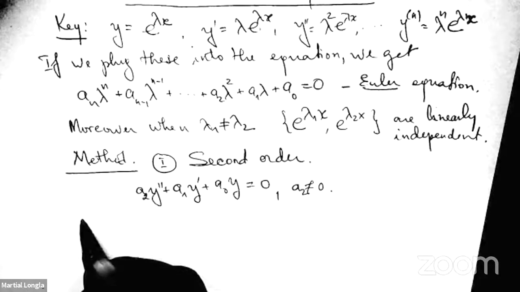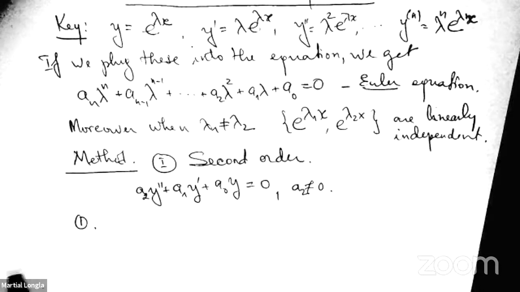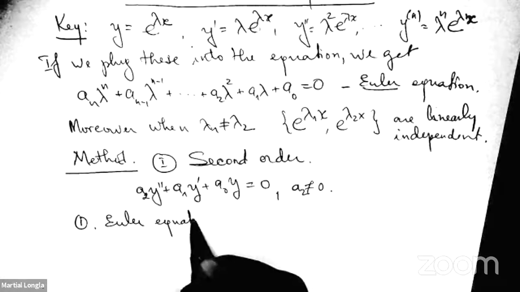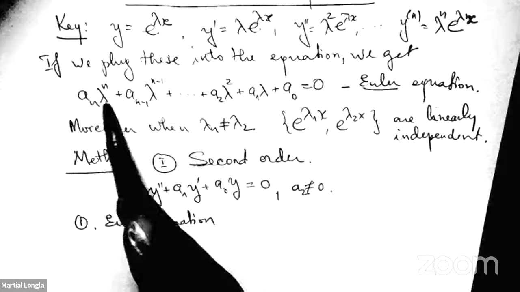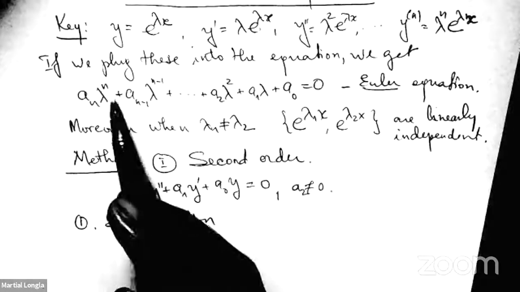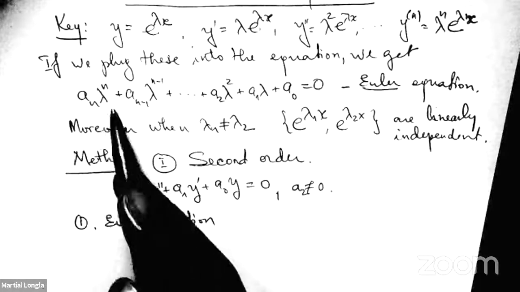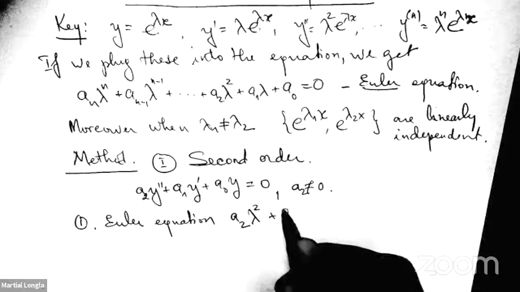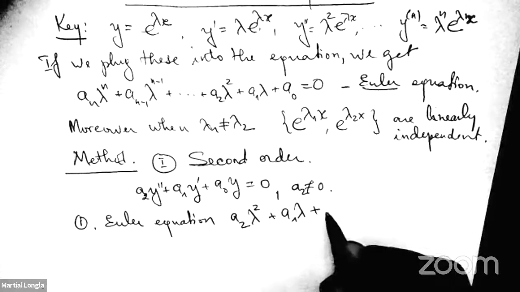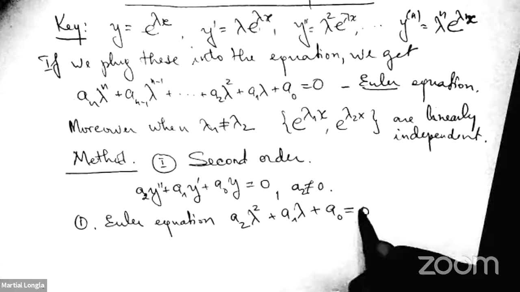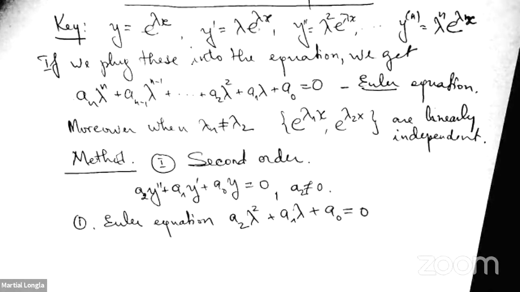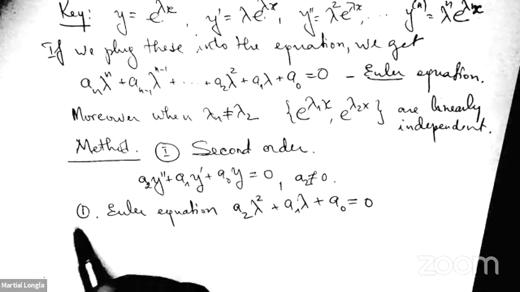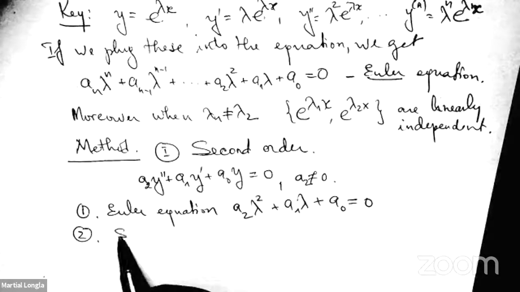So when you want to solve such an equation, the first thing you do is you get the Euler equation, which is what you have here. Just replace the derivatives by powers of lambda. So that's a2 lambda squared plus a1 lambda plus a0 equals 0. You write down the Euler equation, then you solve it.